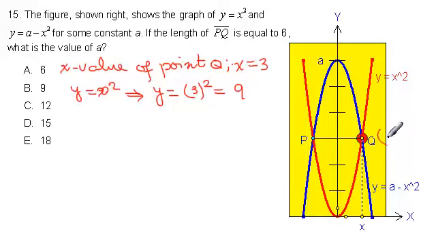So the coordinate of point Q is going to be (3, 9), and this point also lies on the blue parabola, whose equation is y equal to a minus x squared.